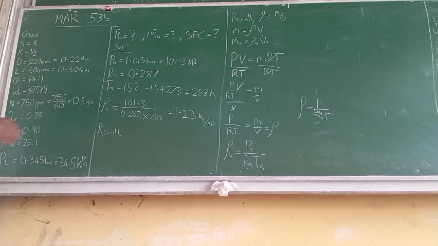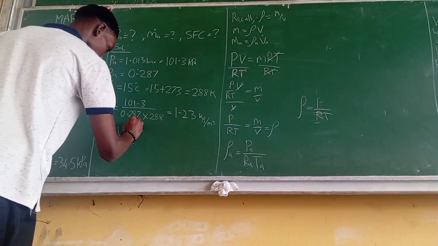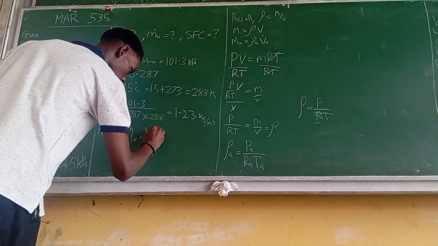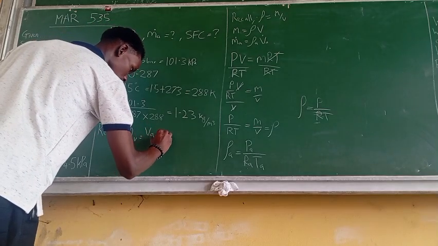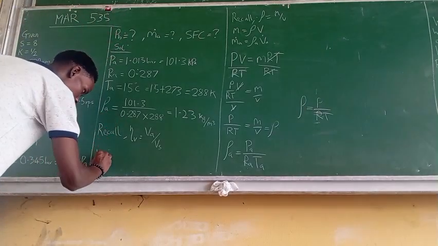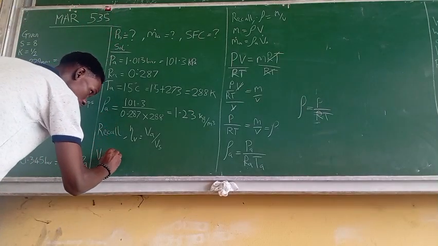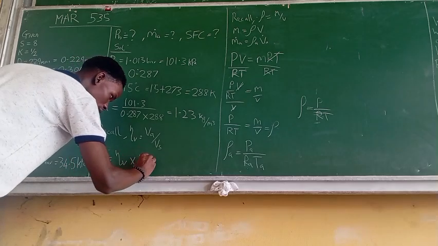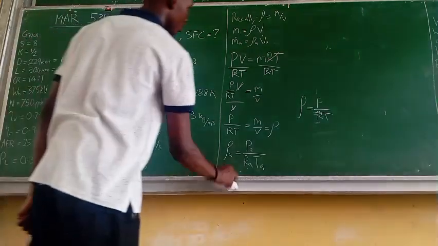Recall, your volumetric efficiency is equal to the volume of air over your swept volume. So your volume of air is equal to your volumetric efficiency times your swept volume.